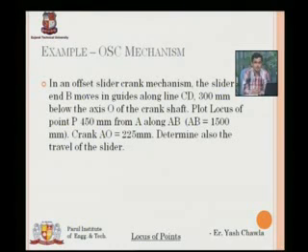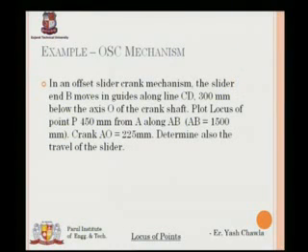Okay, now let's see the next point. The slider B moves in guides along line CD. Now it is clear that the line mentioned is CD, and it is away from the line on which the crank is, 300 mm below the axis O of the crankshaft. This makes the picture very clear.